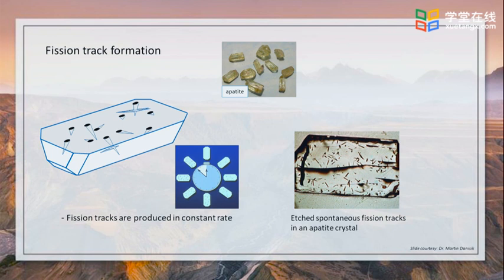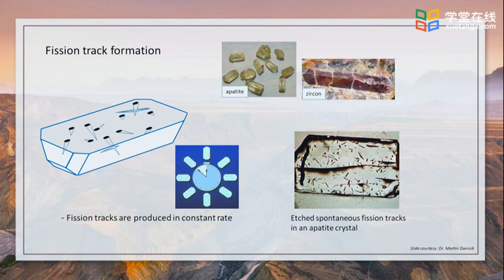Fortunately, the appropriate range in concentration for accumulation over geological timescales, about 1 to 1,000 ppm, is typical of relatively common minerals such as apatite, zircon, and titanite.